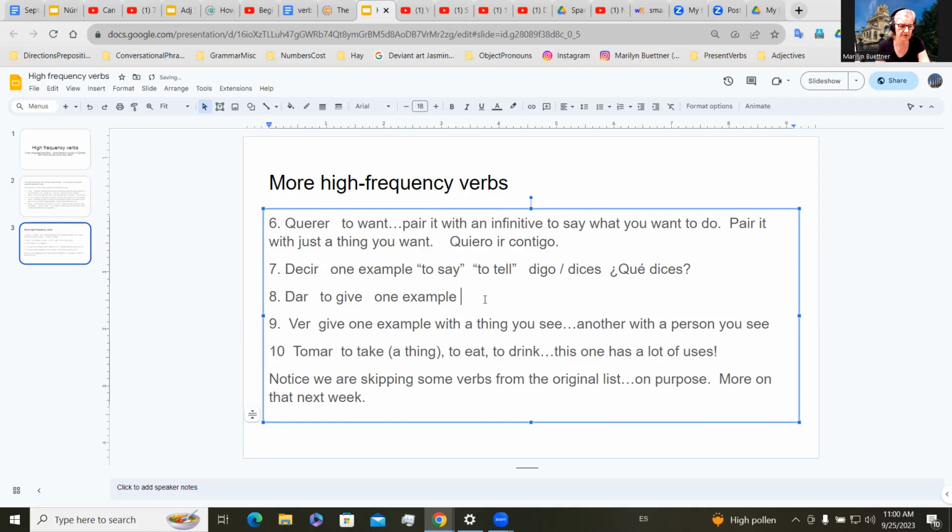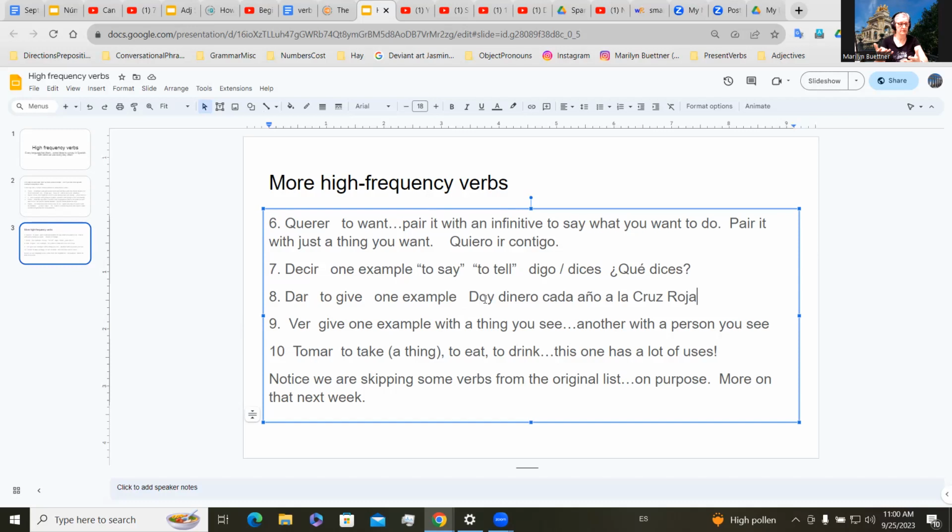Okay. Dar. Un ejemplo con dar. An example with dar. Un ejemplo aquí. Doy dinero cada año a la Cruz Roja.